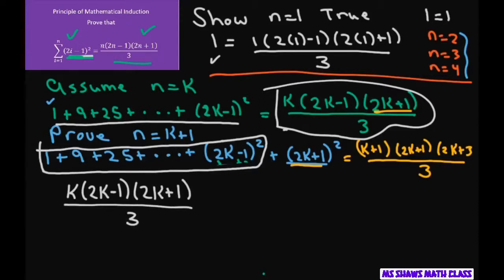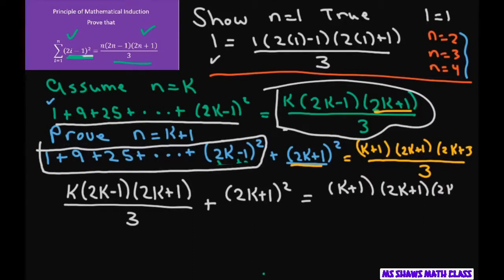And then copy your new term you're adding, or your next term. And that should equal the sum of everything, including the new term, all divided by 3.